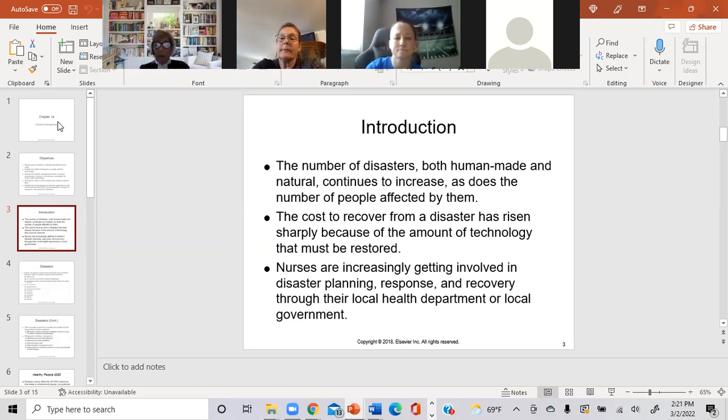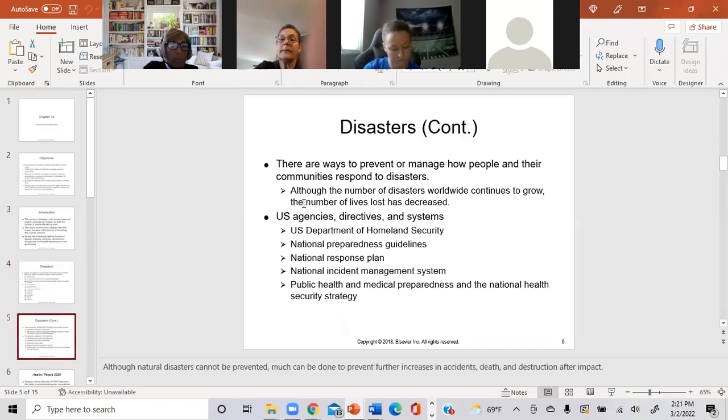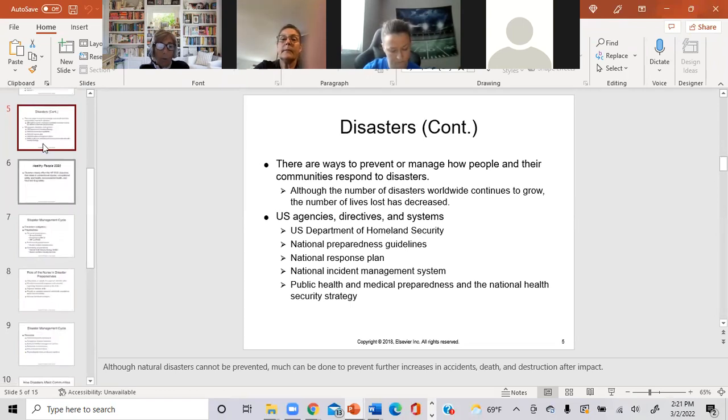We know the cost to recover from disasters has risen sharply, right? We know that nurses are increasingly getting involved in disaster planning, response, and recovery. We need to know what the U.S. agencies are and what their goals are, because each is different.